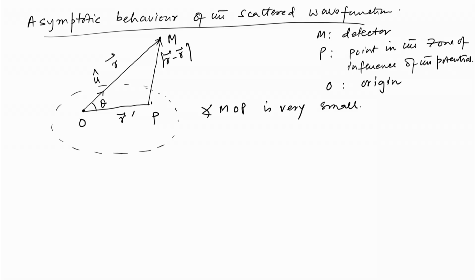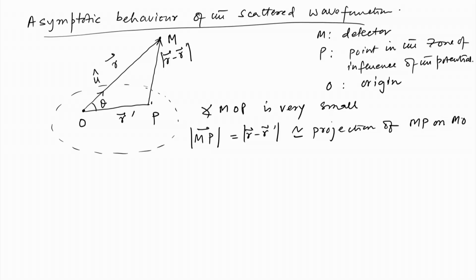And because of which we could say that this MP, that is the magnitude of this R minus R prime, is almost equal to the projection of MP on MO.